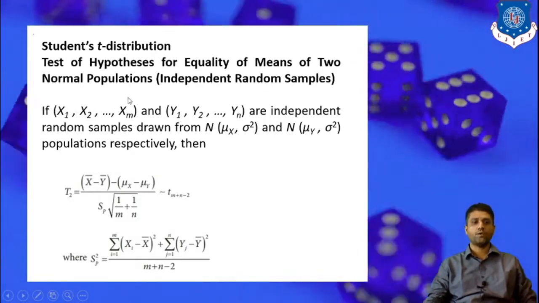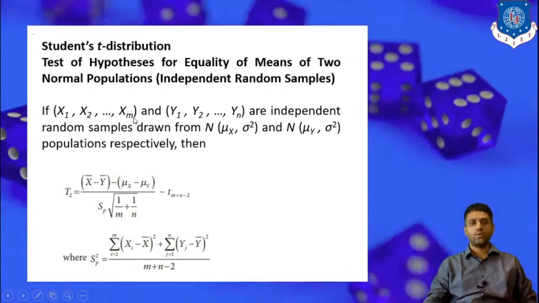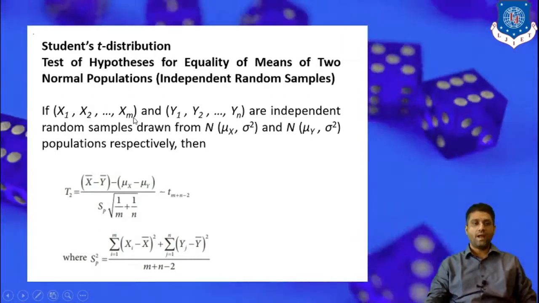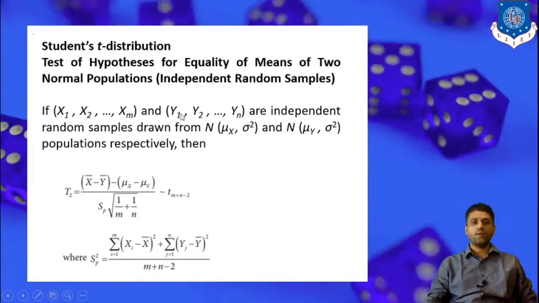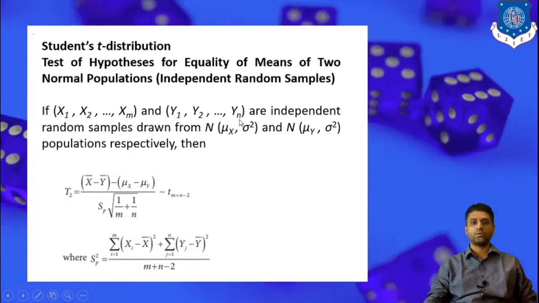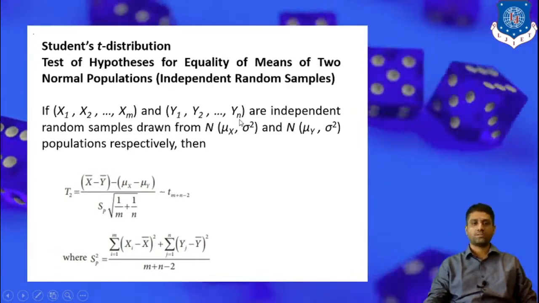Here we assume x1, x2 up to xm are m observations from the first population, and y1, y2 up to yn are n observations from the second population.